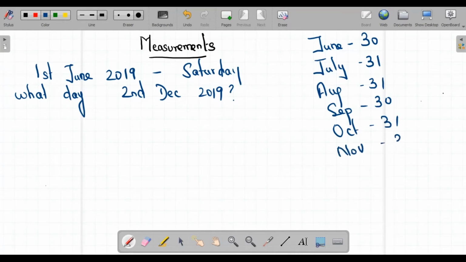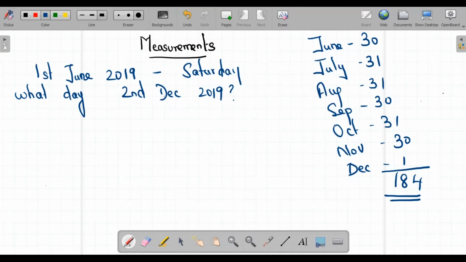November has 30 days. Then you have December, which is 1, so I am going to add that also. So let us count that. This is 1 plus 1, 2, 3, 4. Then 3 plus 3, 6, 9, 12, 15 plus 3, 18. So in total you have 184 days in between the 2 days.